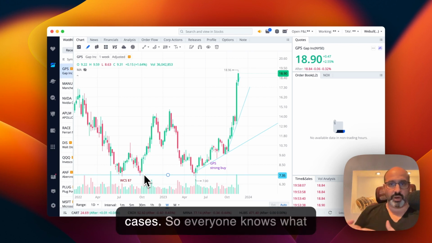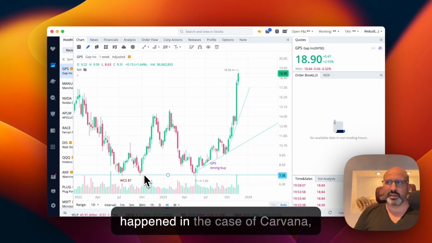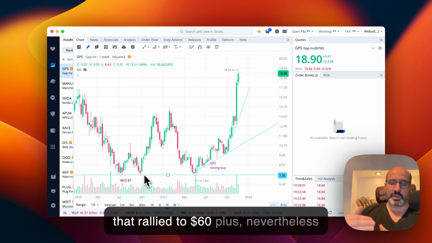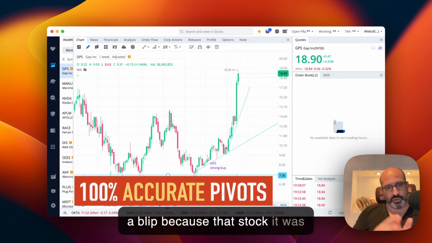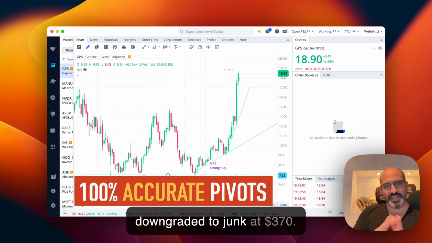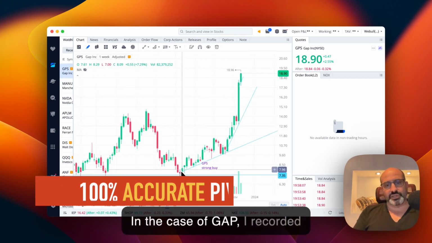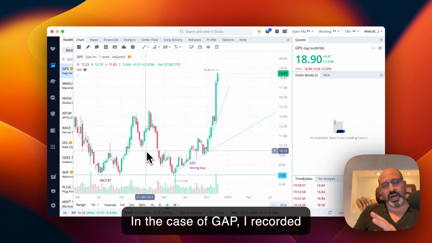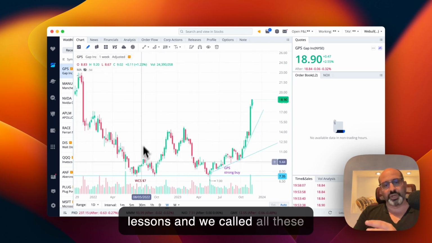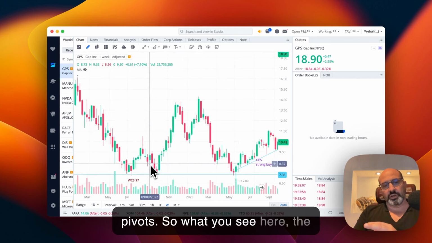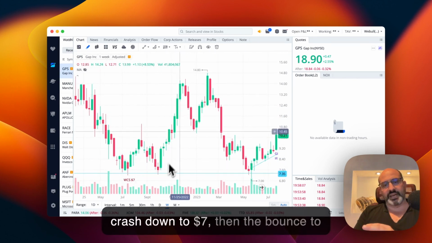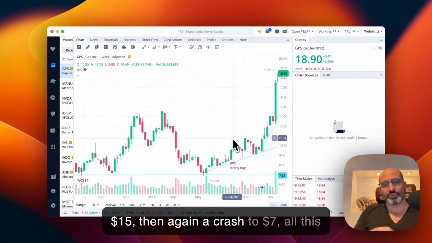Everyone knows what happened in the case of Carvana, that rallied to $60 plus, because that stock was downgraded to junk at 370. In this case, I recorded lessons, and we called all these pivots. What you see here: the crash down to 7, then a bounce to 15, then again a crash to $7.